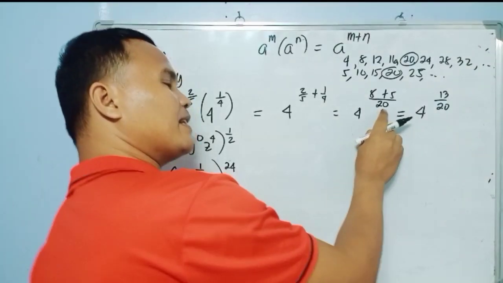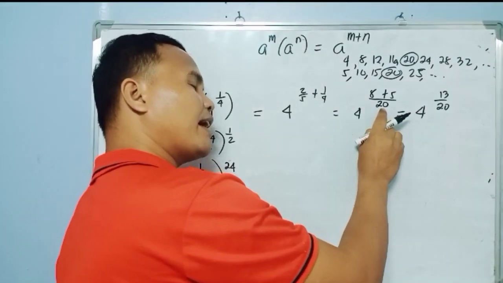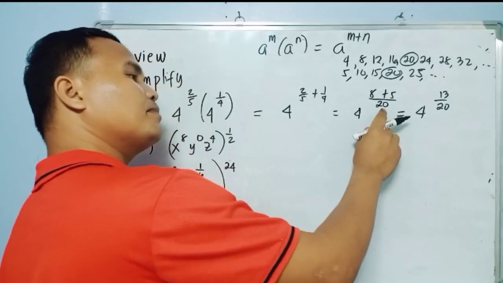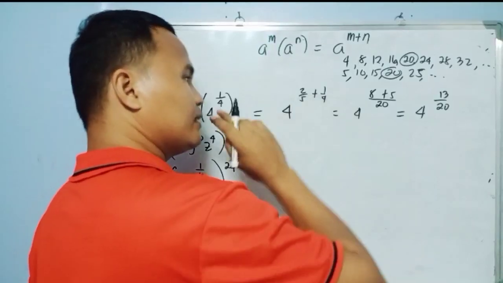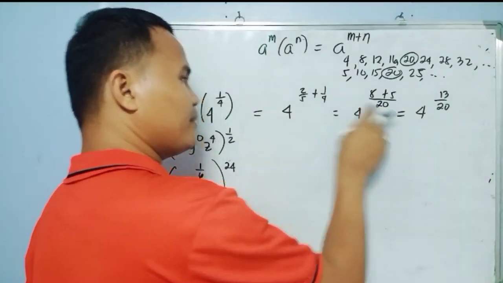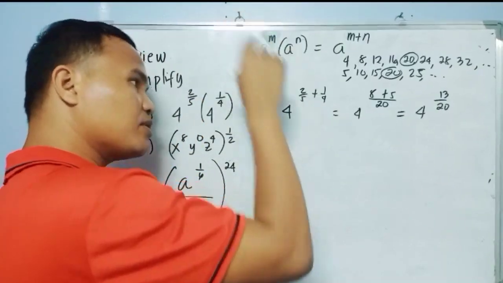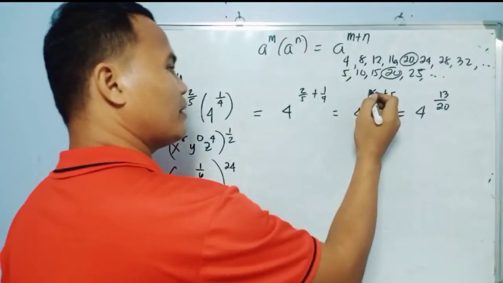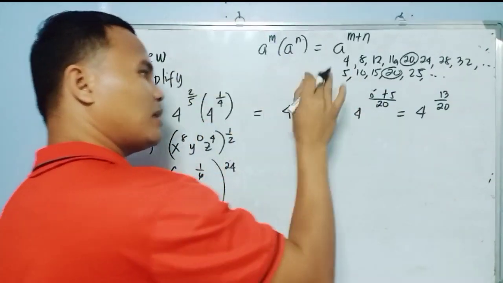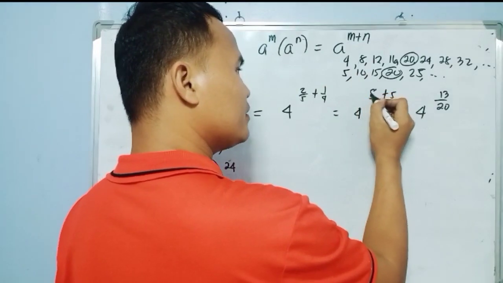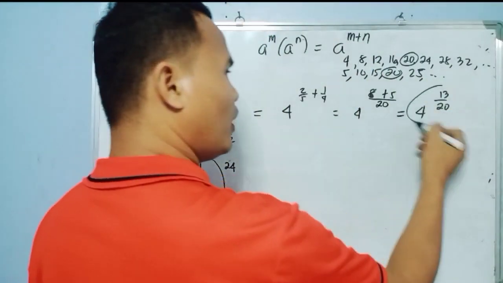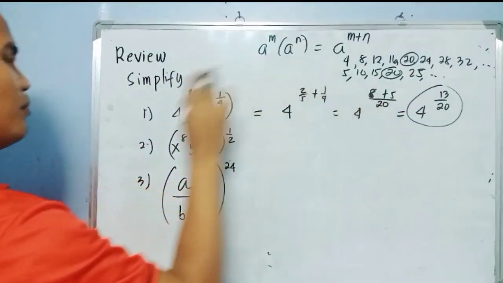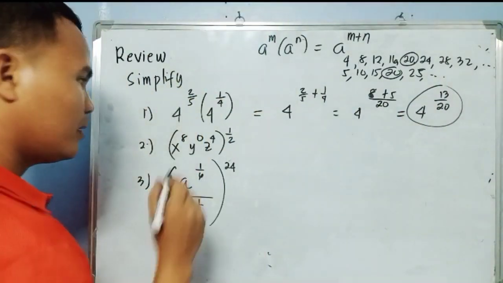After determining the LCD, we divide the LCD by these two denominators, then multiply the quotient. 20 divided by 5 is 4 times 2, that's 8. 20 divided by 4 is 5 times 1, that's 5. Add the two, 8 plus 5, that's 13 over 20. Therefore, this is now the simplified form of this problem.